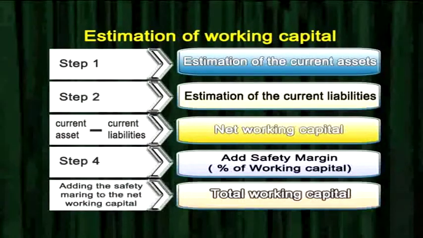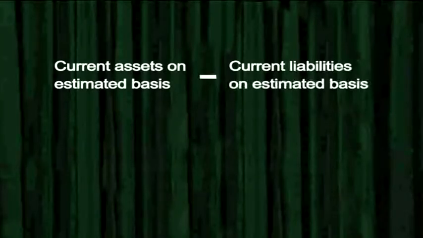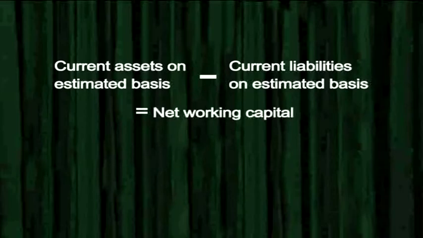Next one will be after adding of the safety margin to the net working capital, we will compute the total working capital. So, just to summarize: current assets on estimated basis minus current liabilities on estimated basis, we are getting net working capital.